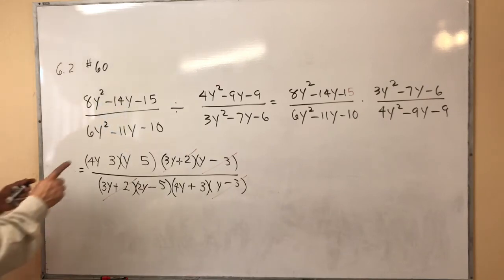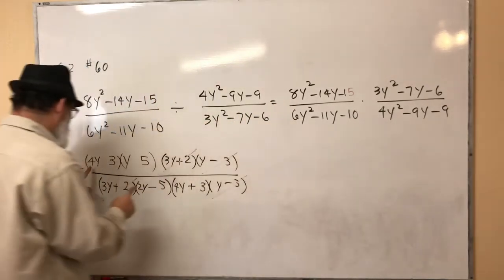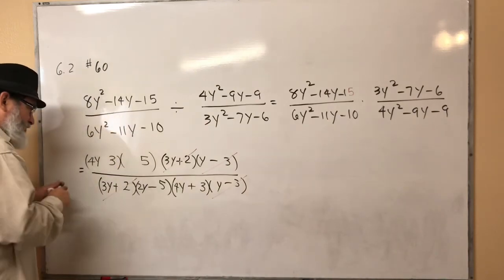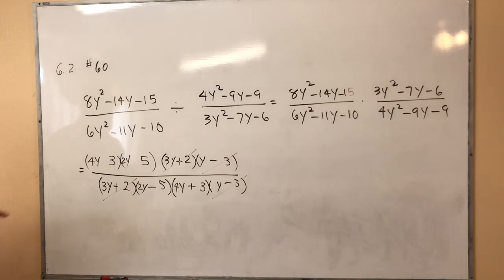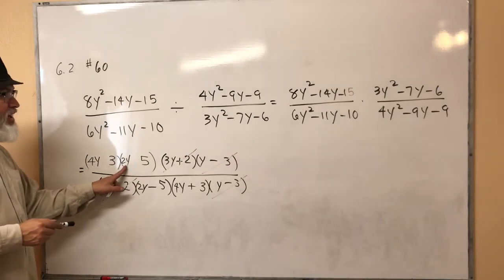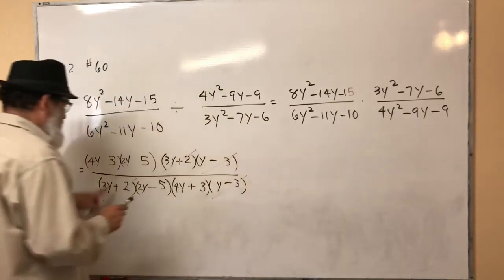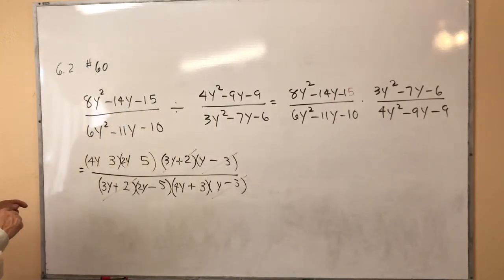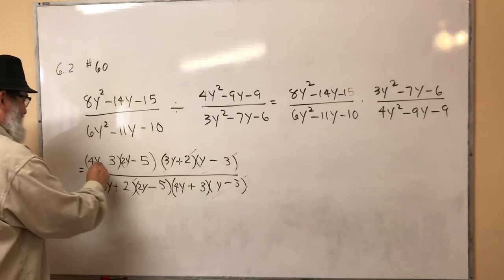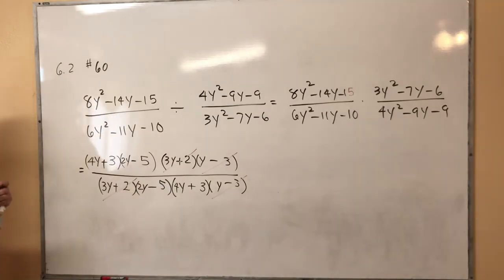No. You see this, 4y times 2y. There you go. Yes, so 4y times 2y is 8y squared, and 3 times 5 is 15, and I'm gonna make this a minus and a plus. And there we go, guys.